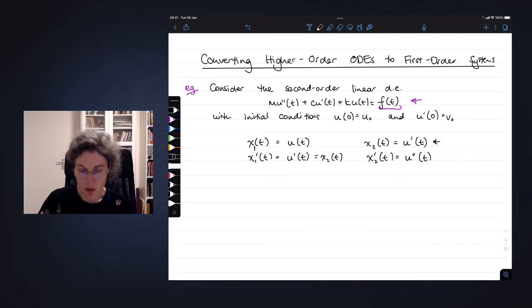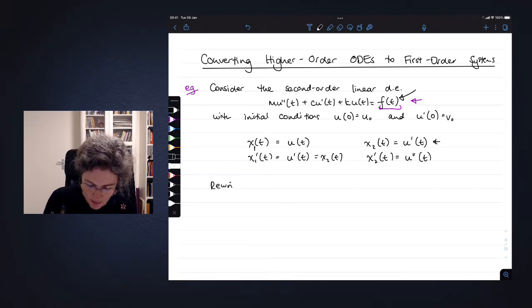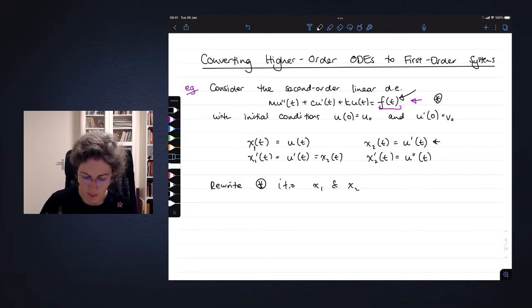And I'm going to use these two definitions to rewrite this differential equation. So let's rewrite this one in terms of x1 and x2 and their derivatives.